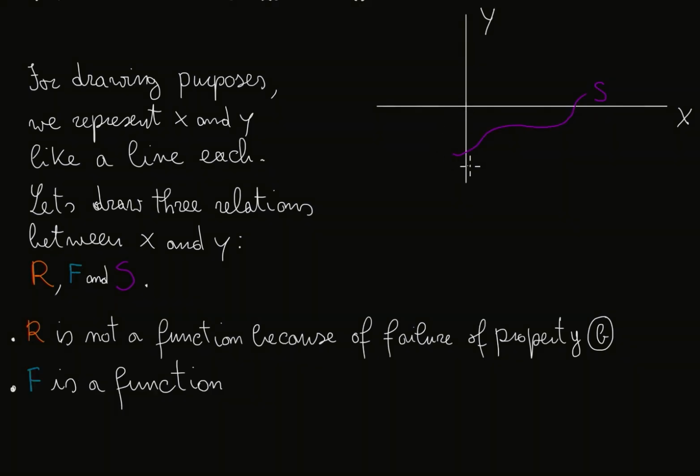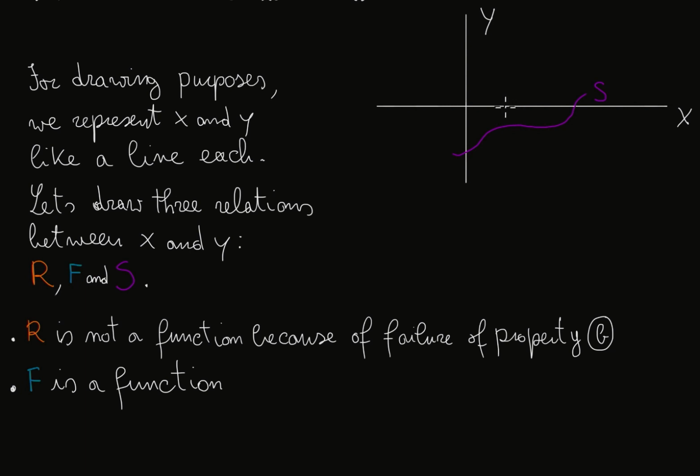Let's focus now on the relation S that we have drawn here. Notice that the elements of x that are related to some element of y are actually related to a unique element of y. Indeed, if you take any element of x here above the relation S, and you intersect it with S, you will find just a unique element of y related to such element of x.